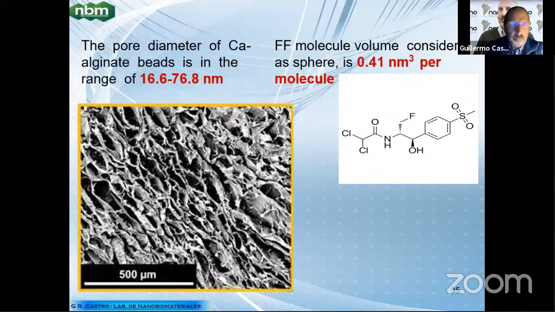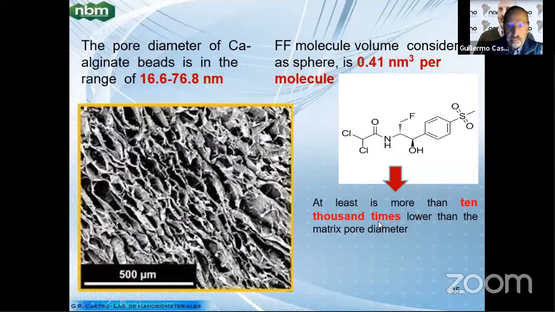Also we have a problem when we use alginate beads. The pore size is in this range, and the molecule is this. So if we include florfenicol at the beginning inside the alginate matrix, it's very clear that the molecule will diffuse through the structure of the sphere, since it's at least several thousand times smaller than the pore diameter.